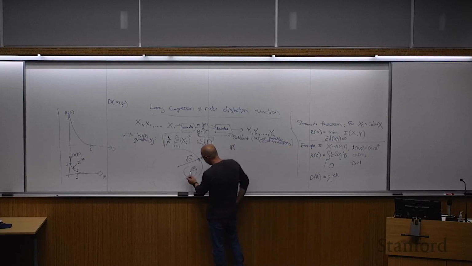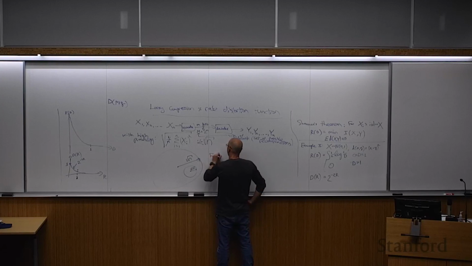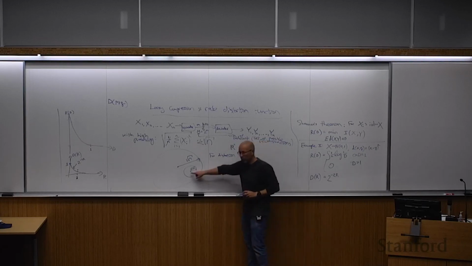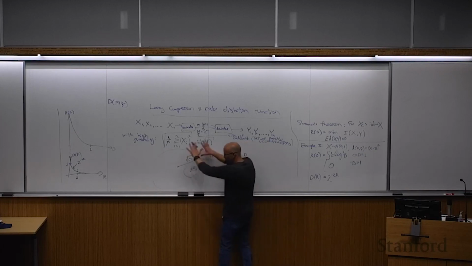Then the question is, if I want distortion no more than d, how many of these code words am I going to need in order to cover this typical set?